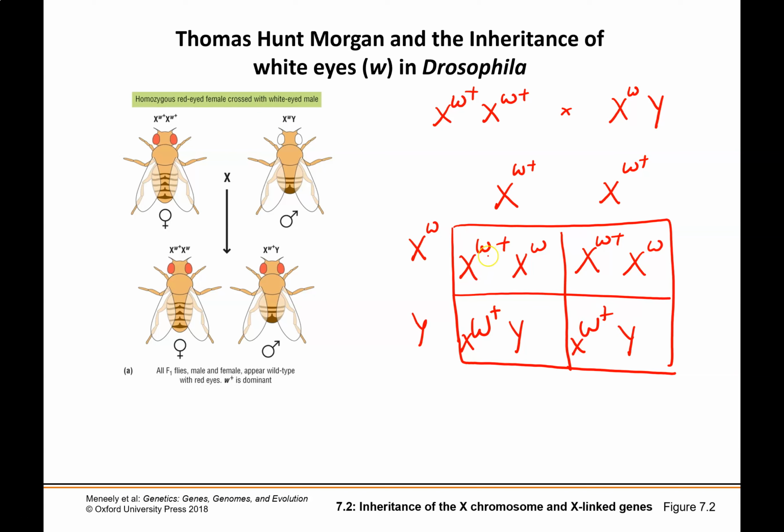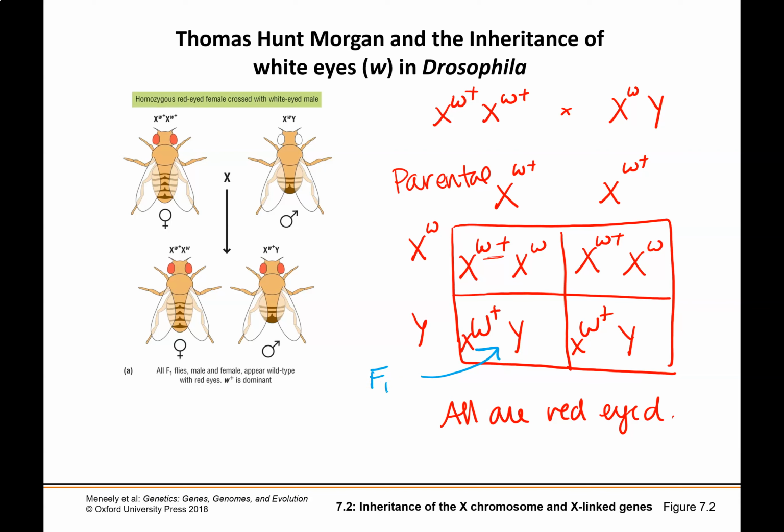Now, all of these individuals have at least one copy of the red eye allele, and so all are red-eyed. So now this is our parental cross. These individuals inside are the F1 generation.